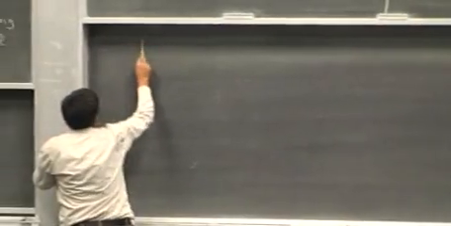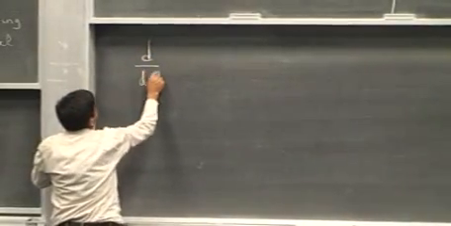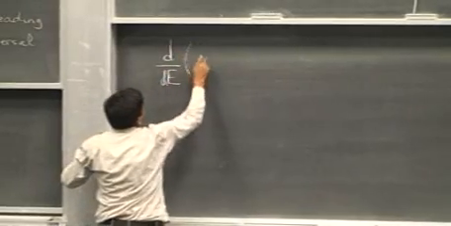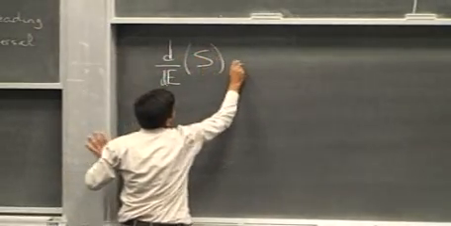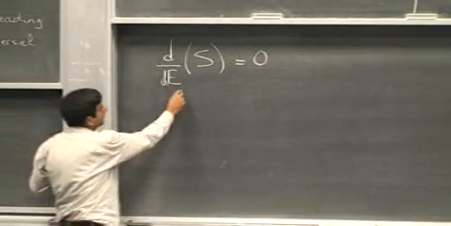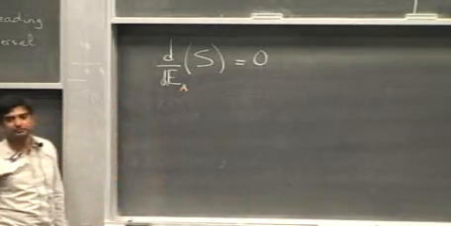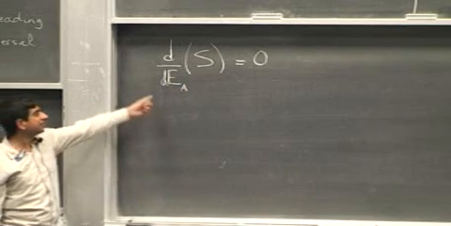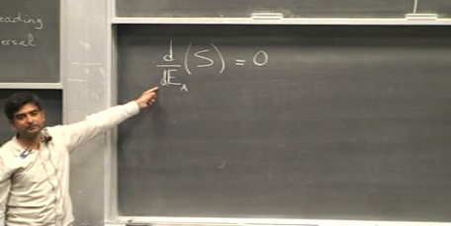So this means that dS of the total entropy S has to be 0. So I can put an energy in the object A here. This is our condition for equilibrium.